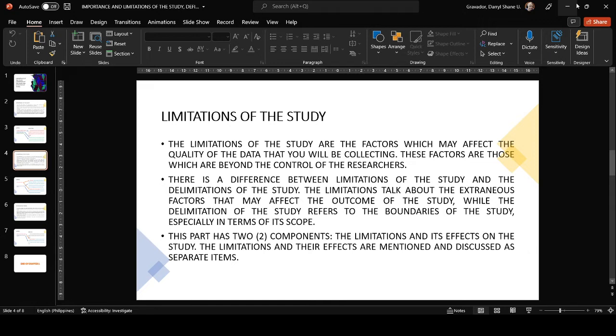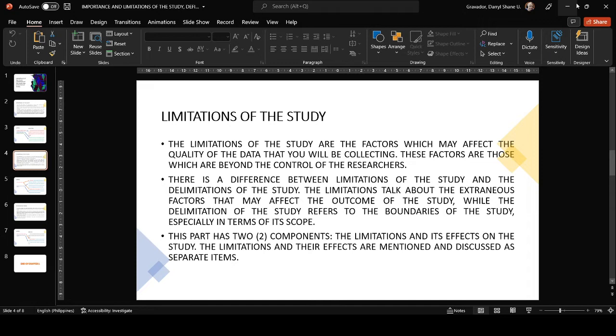When we say limitations of the study, we are talking about the extraneous factors that may affect the outcome of the study or of the results. But when we talk about the delimitation of the study, this refers to the boundaries of the study, most specifically in terms of its scope.